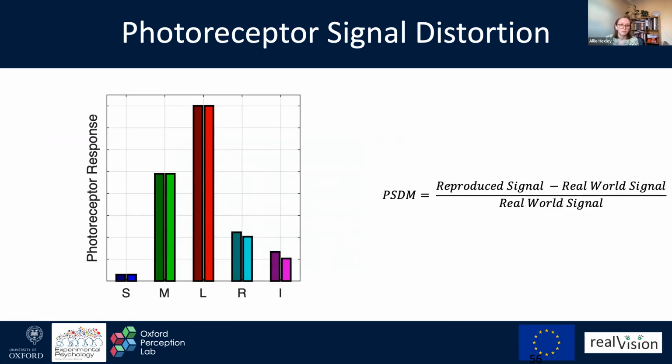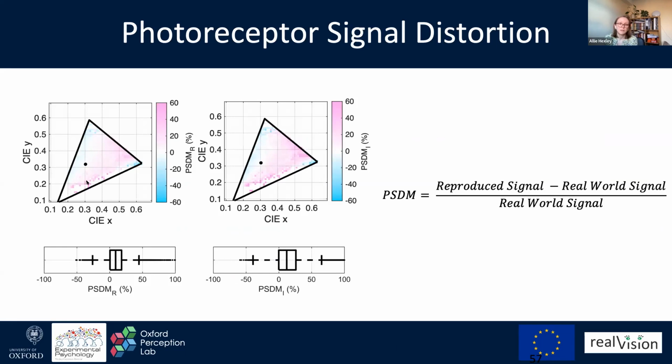And we can quantify this distortion with an additional metric, which we call the PSDM, for the photoreceptor signal distortion metric. And this quantifies the contrast between the reproduced signal and the real world signal that we were trying to reproduce. And we can calculate this across all of the spectra in our reference data set and plot this as, say, a box plot to show the average distortion for the rod and melanopsin signals and also the spread of this distortion.